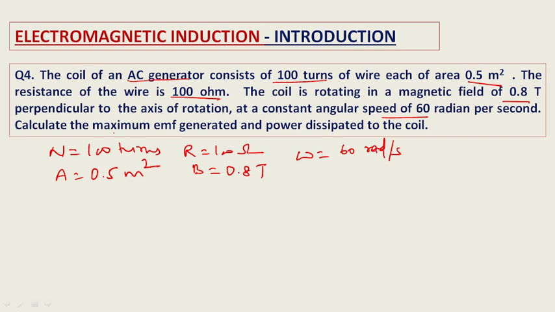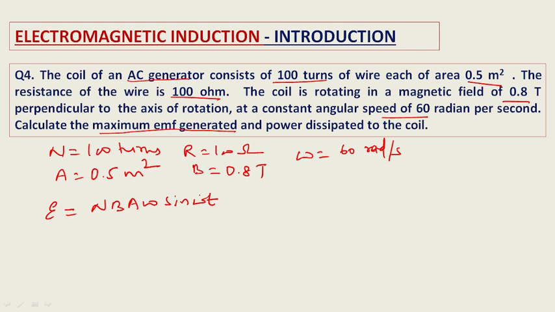We need to find the maximum EMF generated. So we know that EMF will be equal to NBA omega sin omega t. What is it?